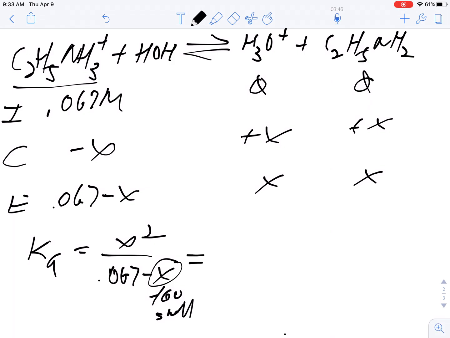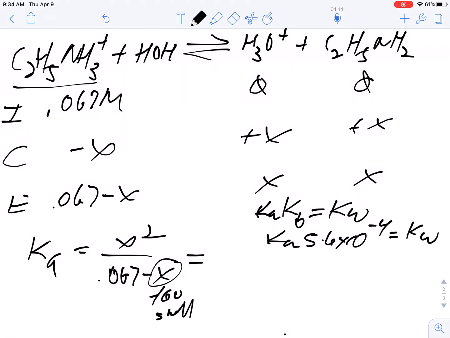My Ka, I don't have my Ka. So I have to figure out my Ka. So in this problem, I am given a Kb. So Ka times Kb is going to equal Kw. They give me the Kb as 5.6 times 10 to the negative 4th. Kw is 1 times 10 to the negative 14th.